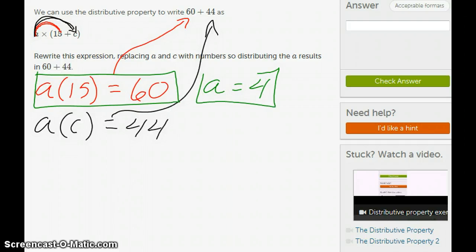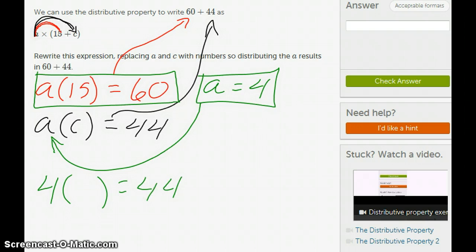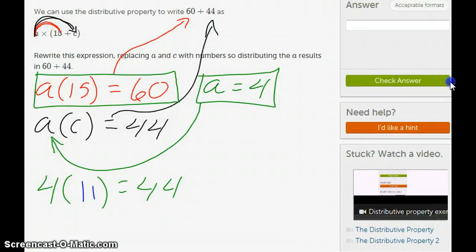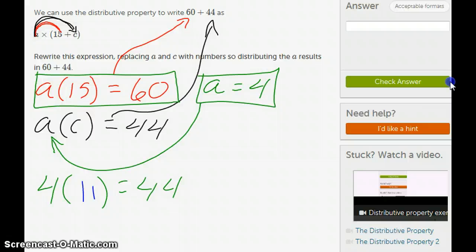Because A is equal to 4, 4 times what is equal to 44? And that would be 11. So our answer to this problem is going to be right down here. A is 4 times 15 plus C, which is 11.